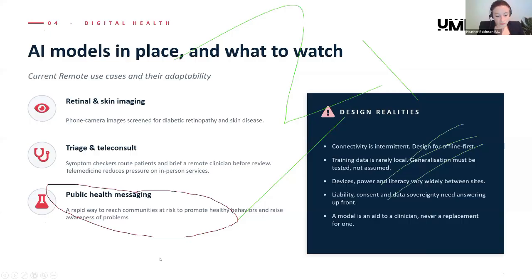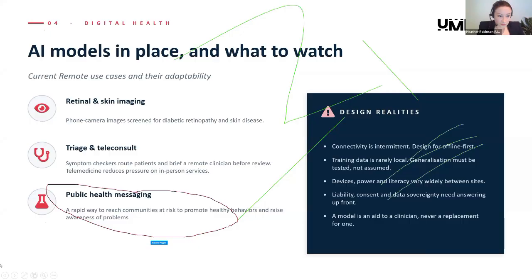So some use cases are already in place, some are quite well established, and some are up and coming. Things like diagnostic apps via the phone, which will use a phone camera to screen for eye issues, also for skin diseases, which can be quite easily distinguished from one another by AI models.